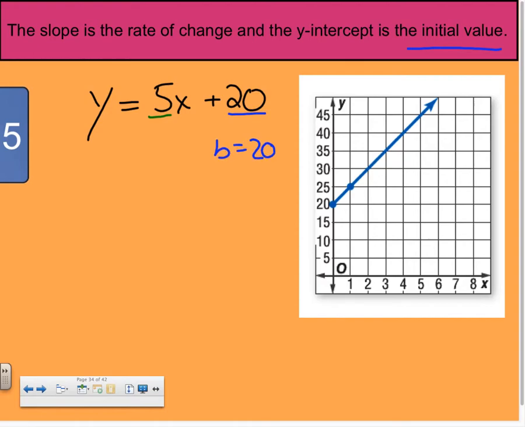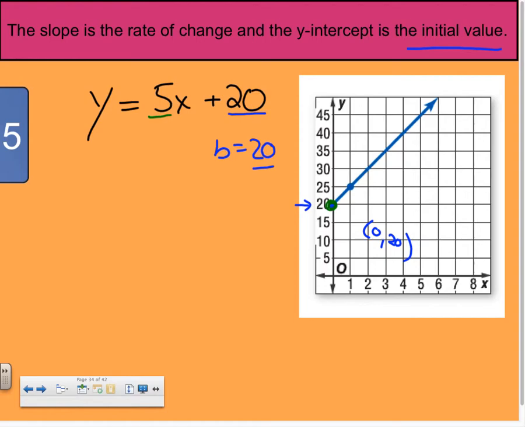Remember, the y-intercept is where our line crosses the y-axis. So I need to find 20 on the y-axis, which is right here. This point is (0, 20), because our y-intercept always has an x value of 0, because it's always on the y-axis. So right here is our y-intercept.